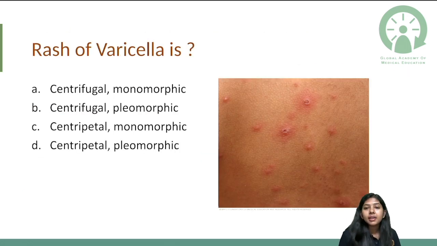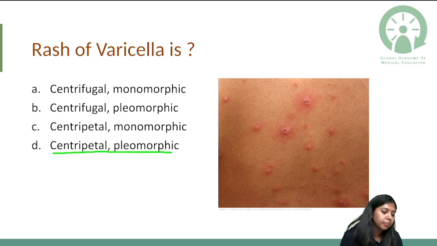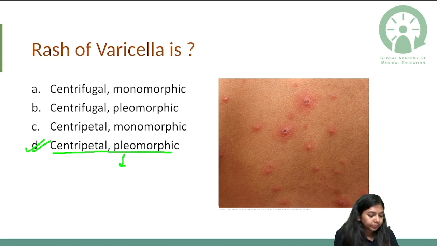Rash of varicella is another very frequently asked question. Rash of varicella is, please remember, centripetal and pleomorphic. Why pleomorphic? Because at one particular point of time you will get lesions of varied morphology.